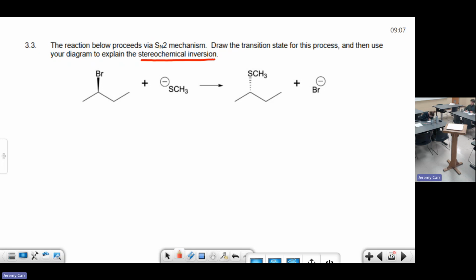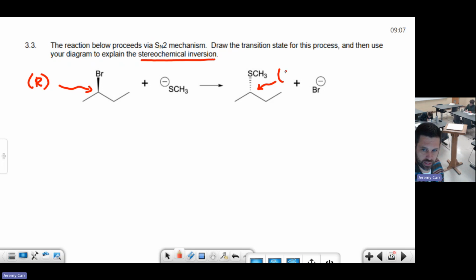Well, it turns out this is an asymmetric center. So it's a chiral center, and it happens to have an R stereochemistry to it. You can work it out and see where it comes from. But look at what happens in the product. When the product forms, the chemistry happens at the electrophilic position right there. But what do you notice here? 1, 2, 3.